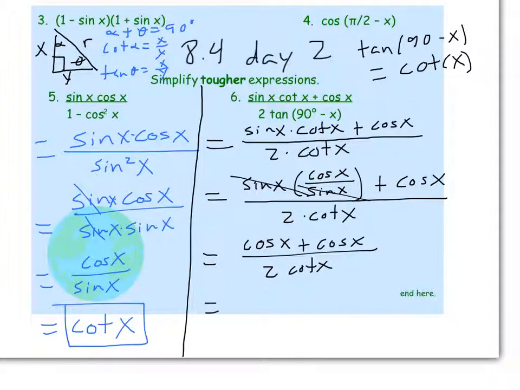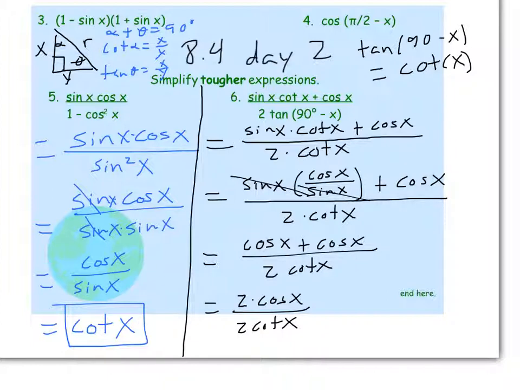Now watch what happens here. Look at the top. What is cosine of x plus cosine of x? Well, that would be 2 times cosine of x over 2 cotangent of x.